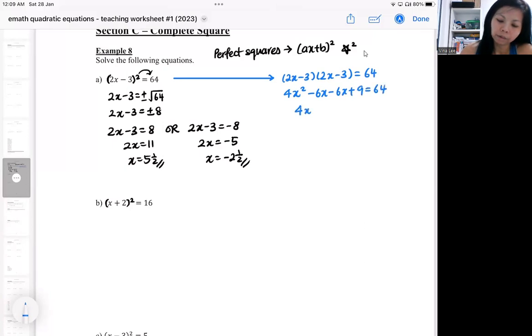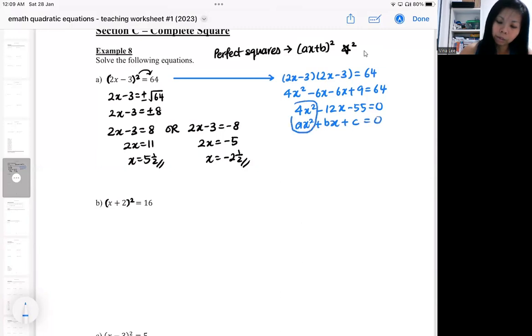You bring everything over so that you can have equal to 0. At this stage, you can try factorizing.